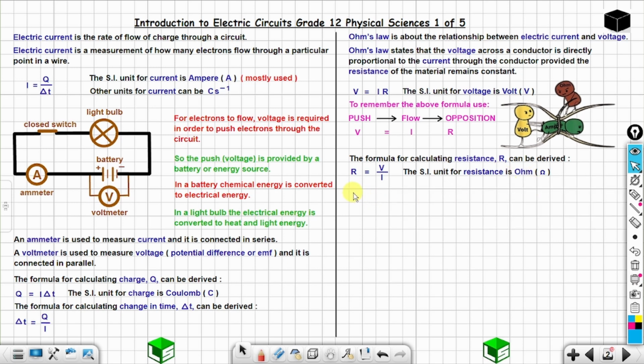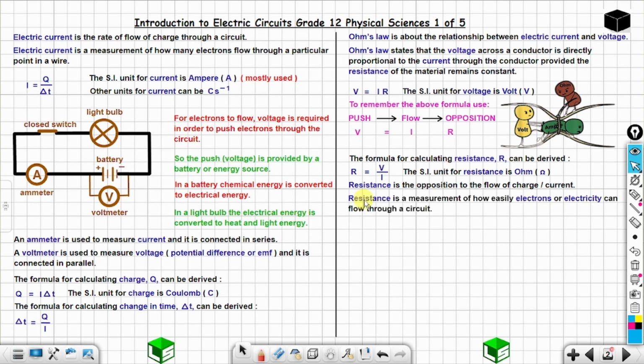So the definition of resistance is the opposition to the flow of charge, or the opposition to the current. Or you can say resistance is a measurement of how easily electrons or electricity can flow through a circuit.